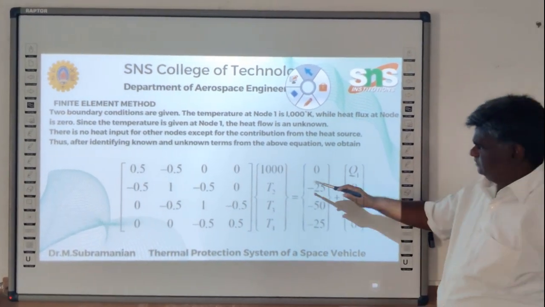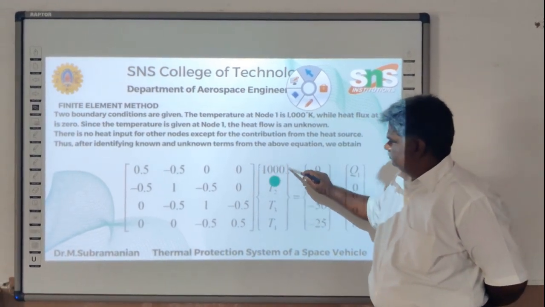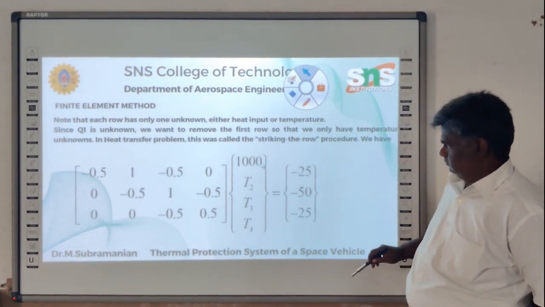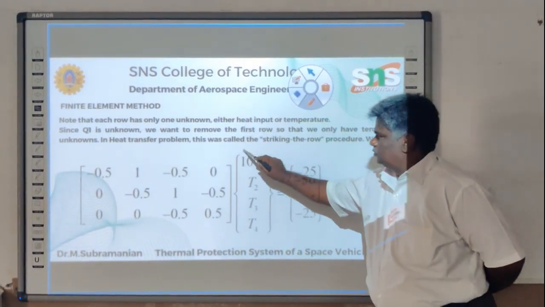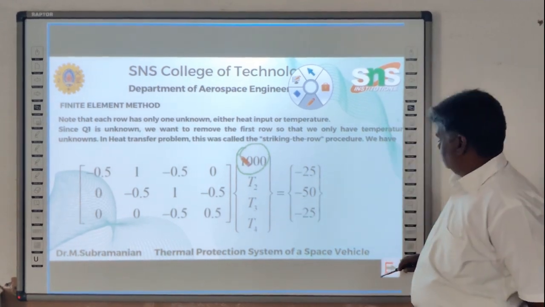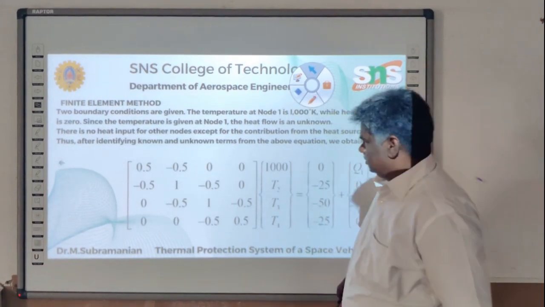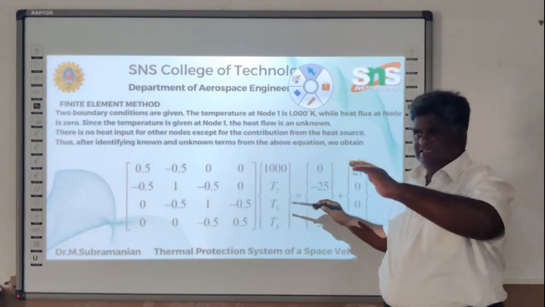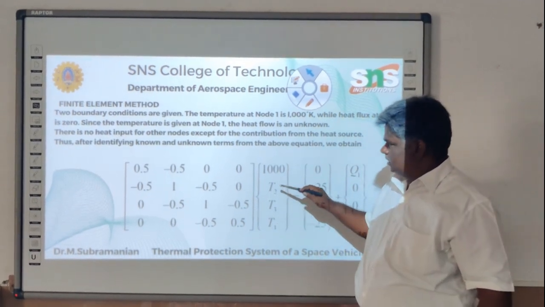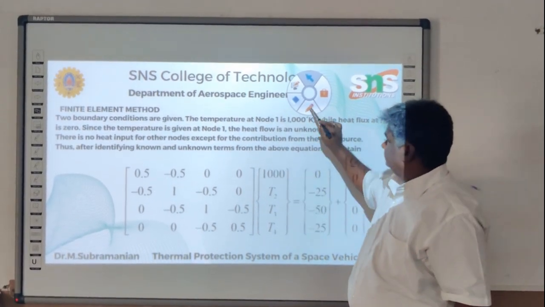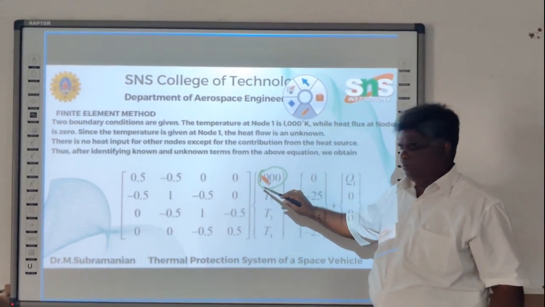So here is the next step. The known value is, we see that here is a structural problem. Row and column we are eliminating. Based on this, the only known value is the temperature at nodal point 1.